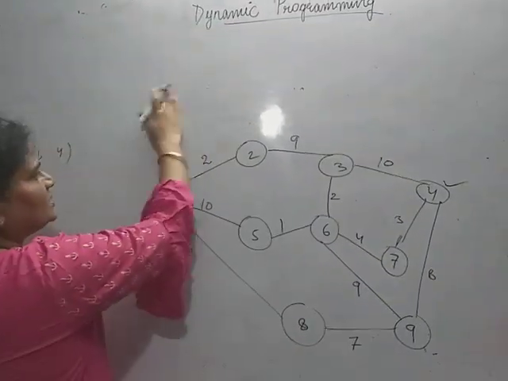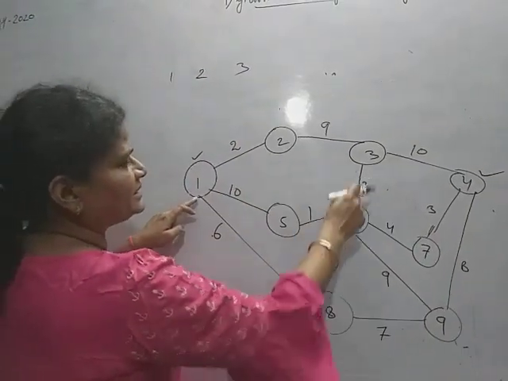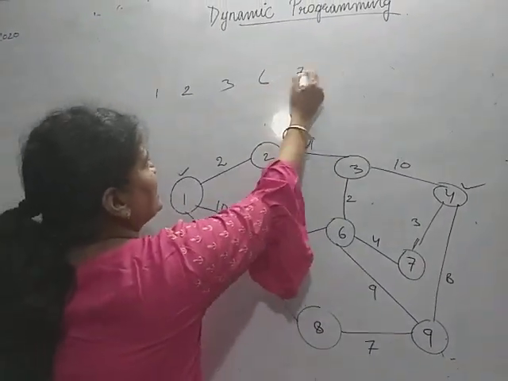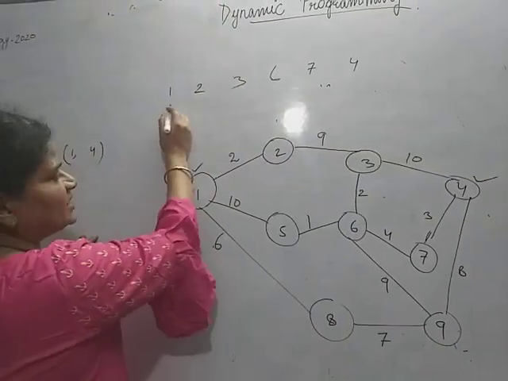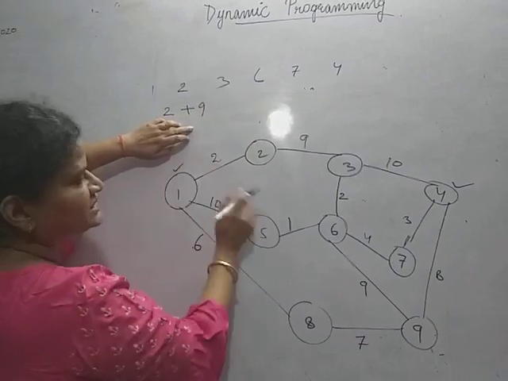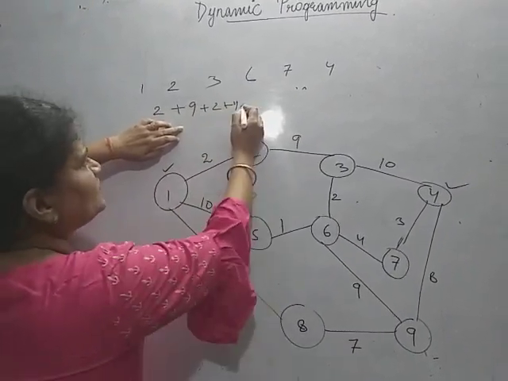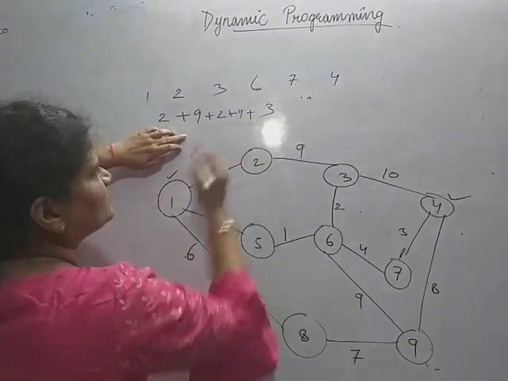So now 1, 2, 3, and then 6, 7, and 4. So 1 to 2 is 2, 2 to 3 is 9, 3 to 6 is 2, 6 to 7 is 4, and 7 to 4 is 3.